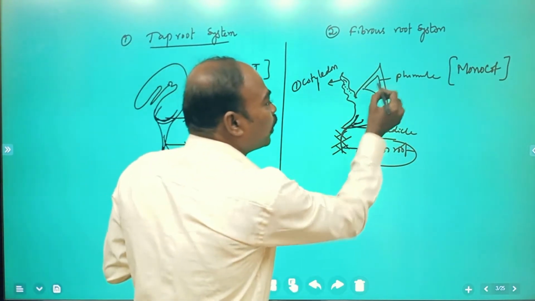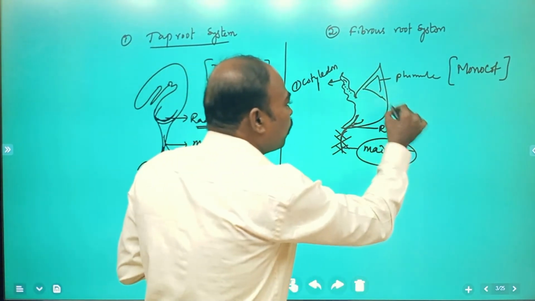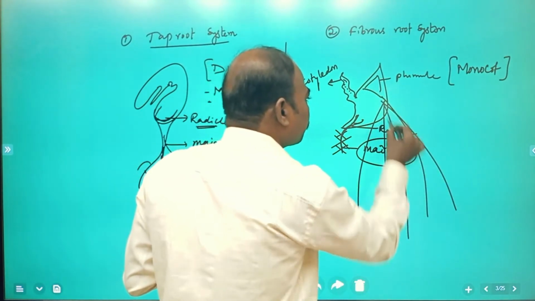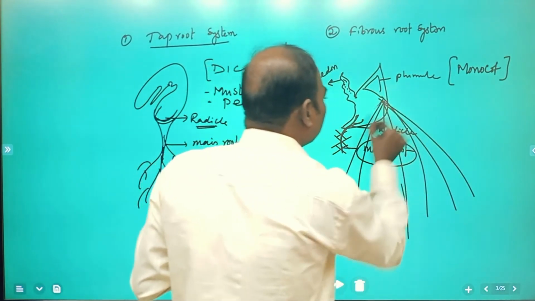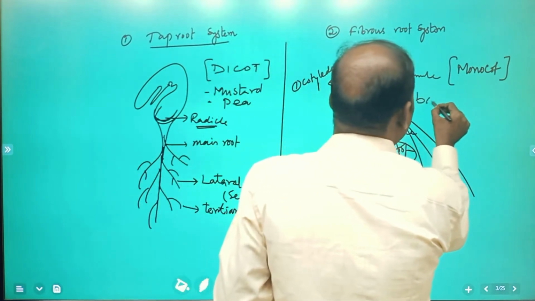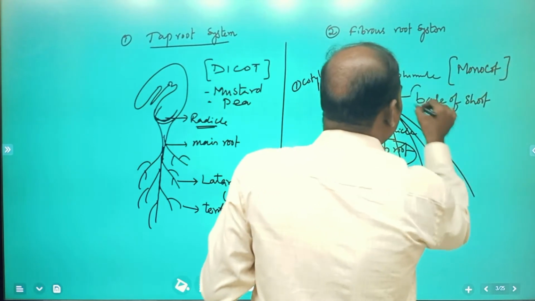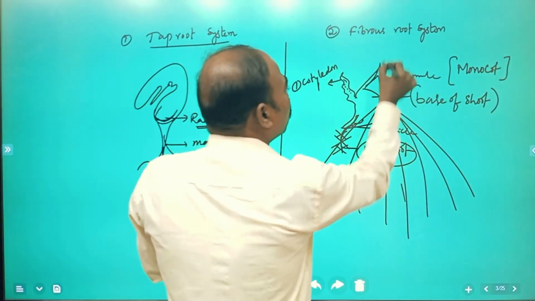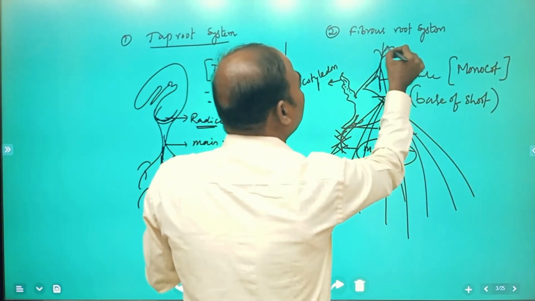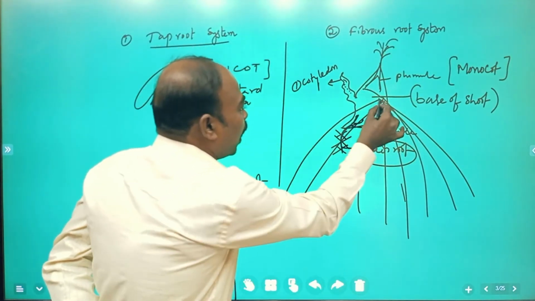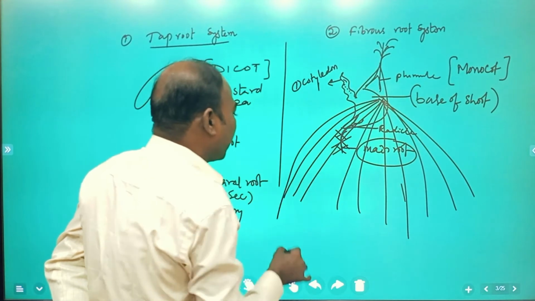From the base of the shoot, a number of identical roots are developed. Base of shoot means the plumule gives rise to the shoot system. So from the base of the shoot, a number of identical roots are developed.